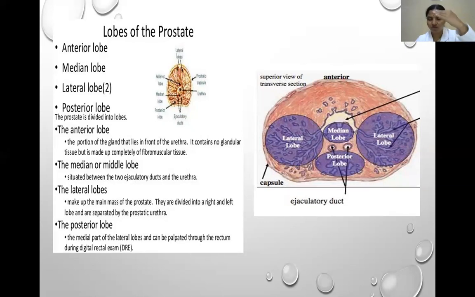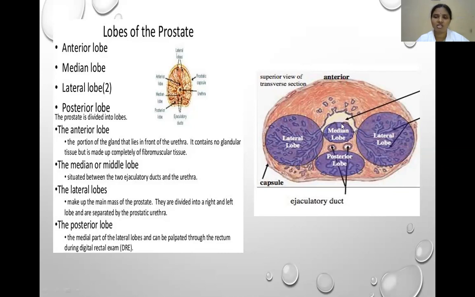The upper part, above the ejaculatory duct openings and posterior to the urethra, represents the median lobe. This median lobe usually enlarges in old age. So if the median lobe is enlarged, what happens?